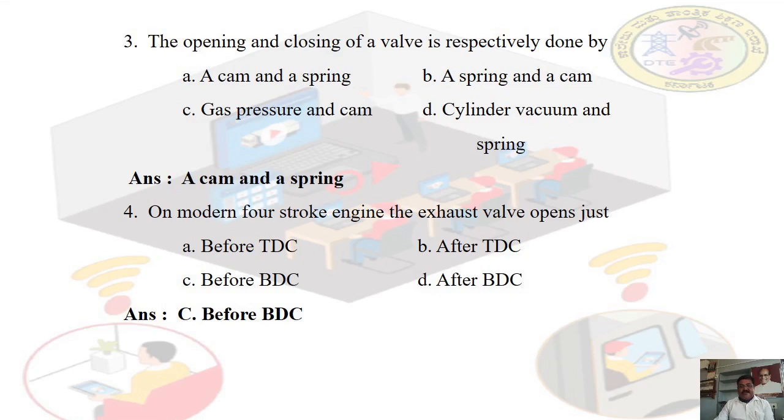TDC stands for top dead center, BDC stands for bottom dead center, and the answer is option C, before BDC, bottom dead center.